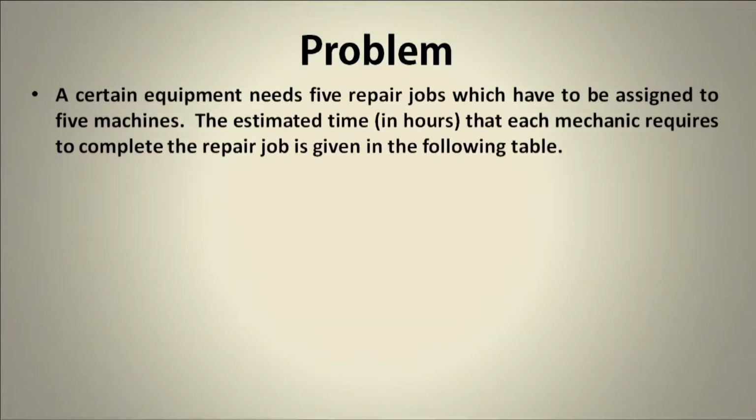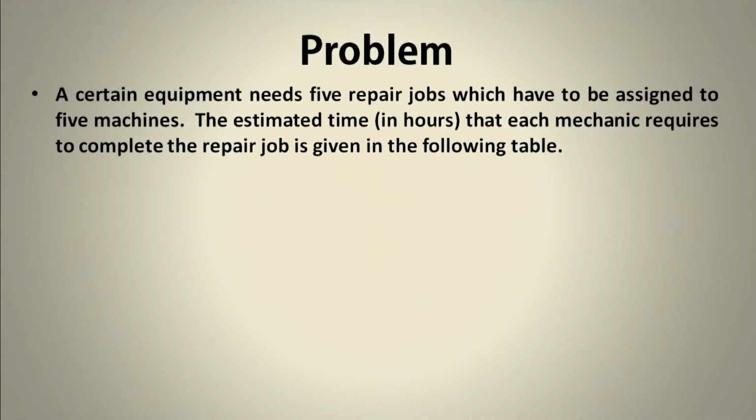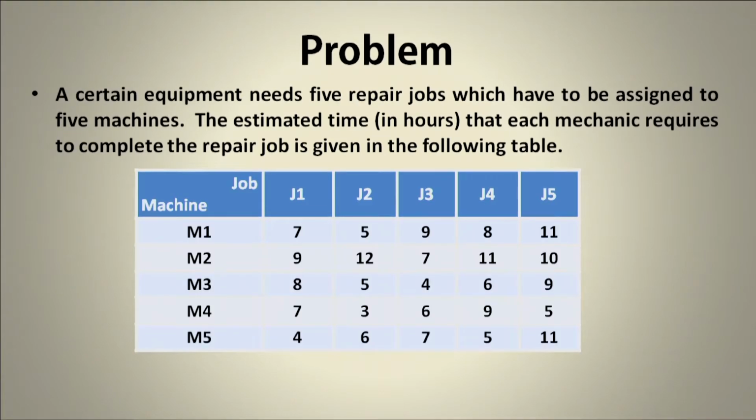Consider the following problem. A certain equipment needs 5 repair jobs which have to be assigned to 5 machines. The estimated time in hours that each mechanic requires to complete the repair job is given in the table. That is, to process the job J1, it requires 7 hours in machine M1.